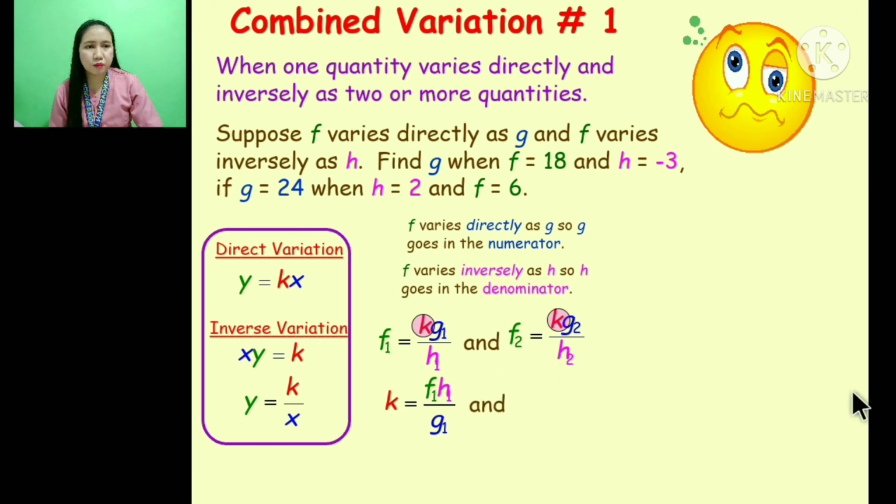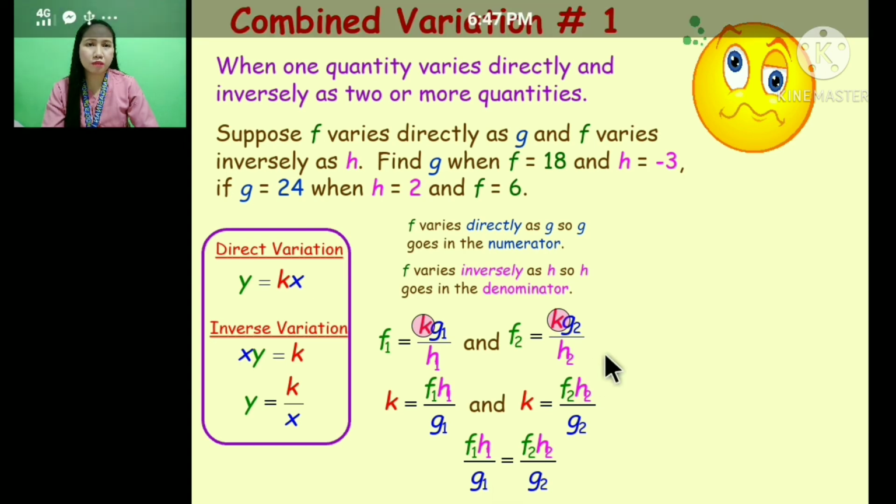And for this one, we have now k is equal to f sub 2 times h sub 2 over g sub 2. So since we are going to find both the constant, just eliminate this k and we'll now get this f sub 1 times h sub 1 divided by g sub 1.